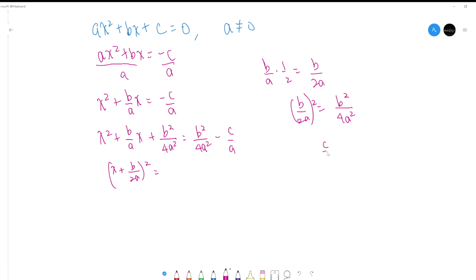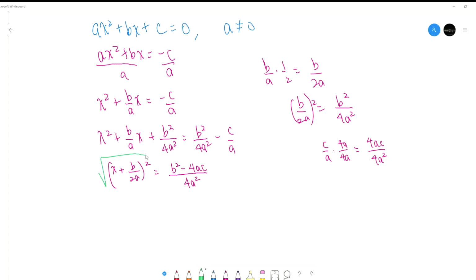This c over a needs to be multiplied by 4a over 4a so that we can get 4a squared. So you see this is equal to 4ac over 4a squared. Right? So this is b squared minus 4ac, all of this over 4a squared.